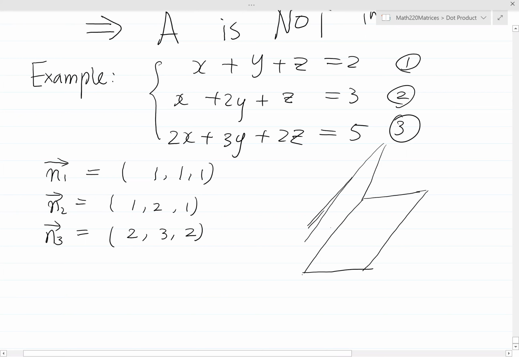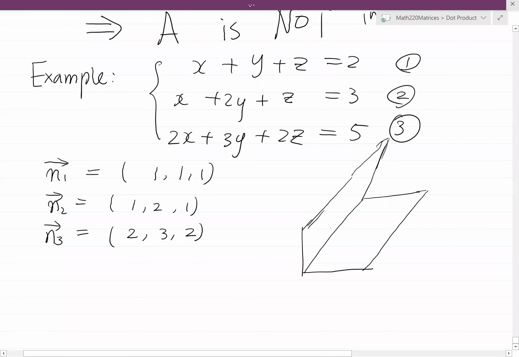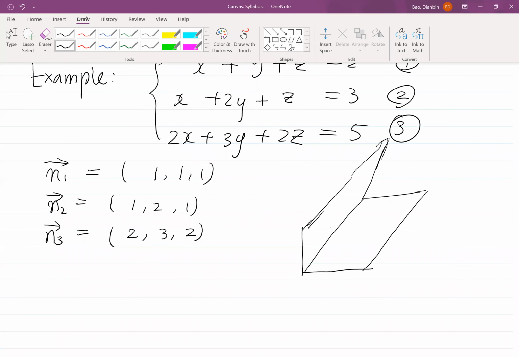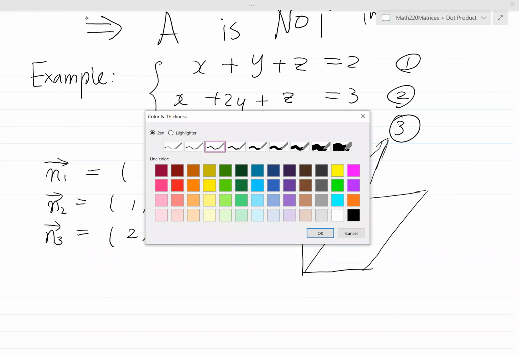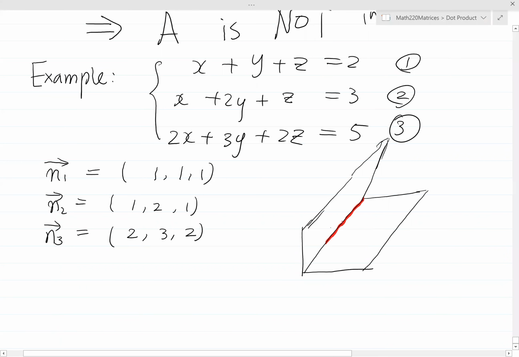So let me plot the intersection as a red line. Let me use another color. The intersection of 1 and 2 is a line.